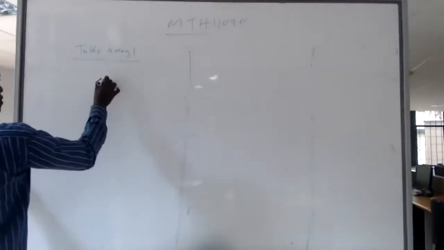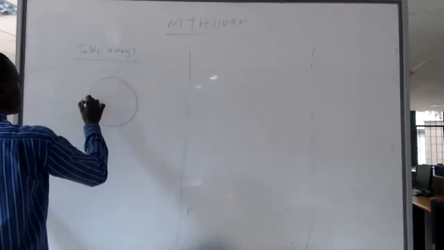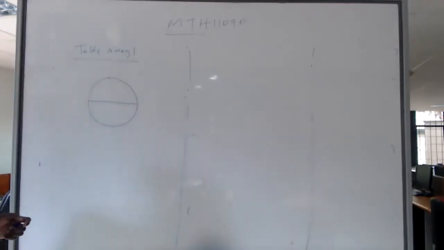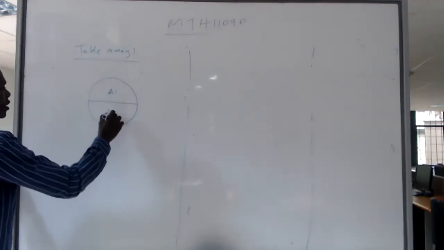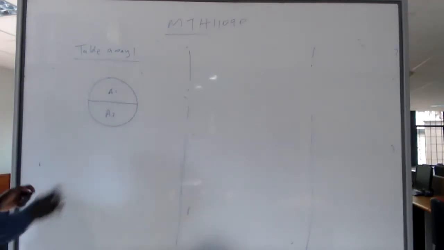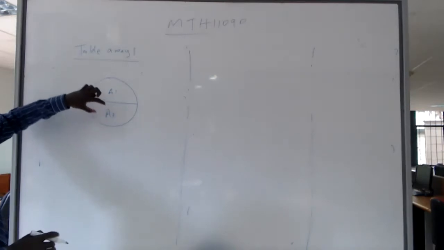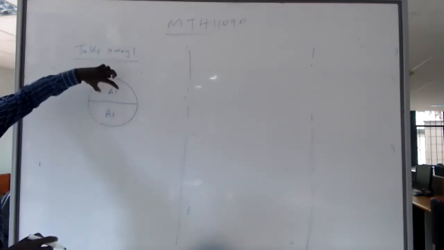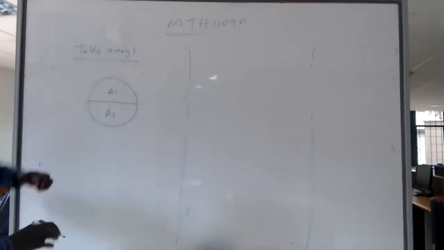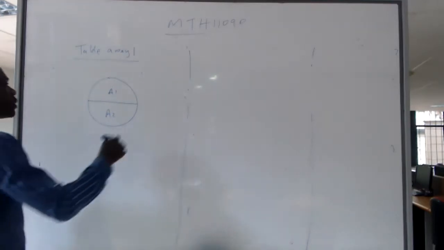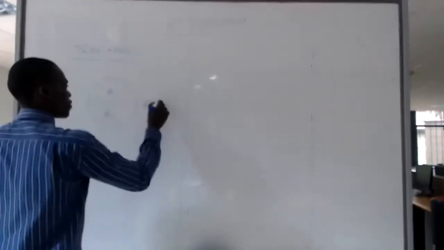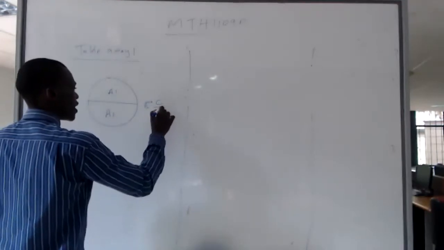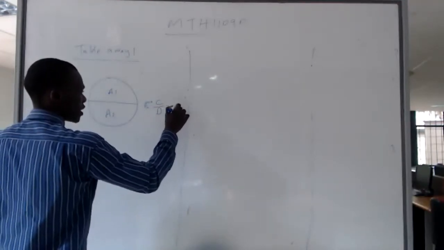This is the circle. And it's symmetric about the diameter in the sense that if I divide this into two areas, A1 and A2, these two have the same area. I can reflect the bottom part and I get the top part. So that's what we call symmetry. But the moment you find the ratio of the circumference divided by the diameter, then you get an irrational number.